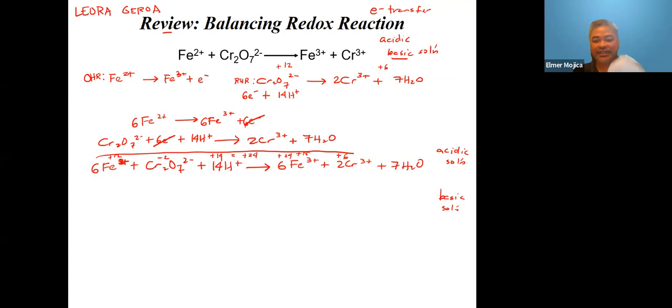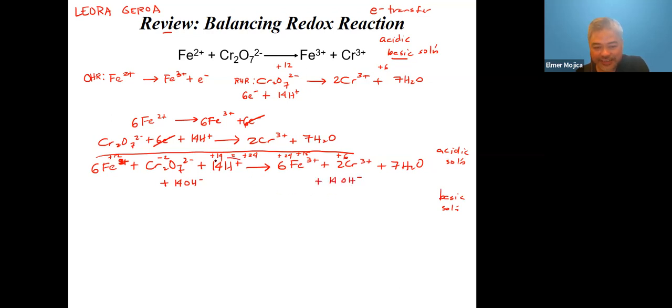Para doon sa tinatawag nating basic condition. Okay, so we add OH minus to both sides of the equation for every hydronium ion. So you have here an H plus, so you add 14 OH minus, so plus 14 OH minus.